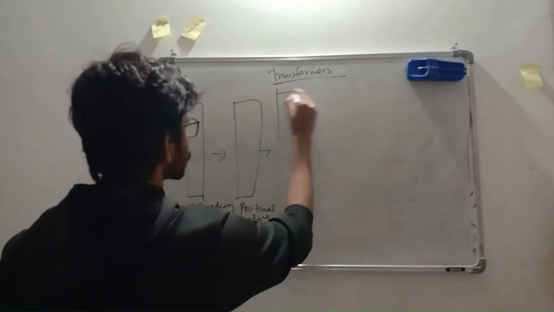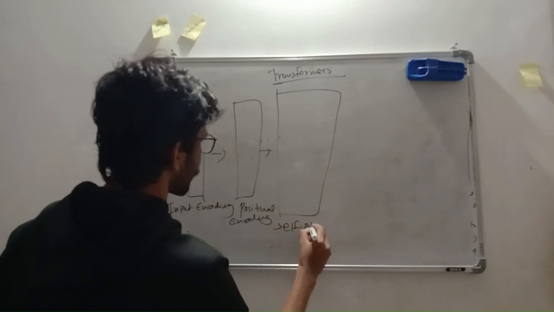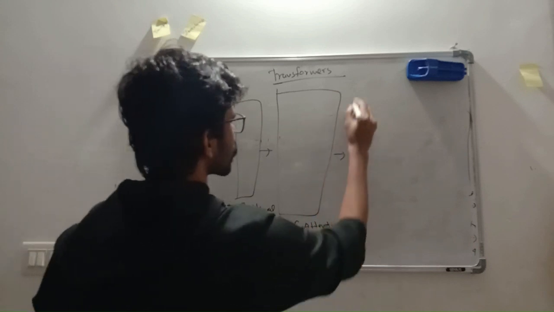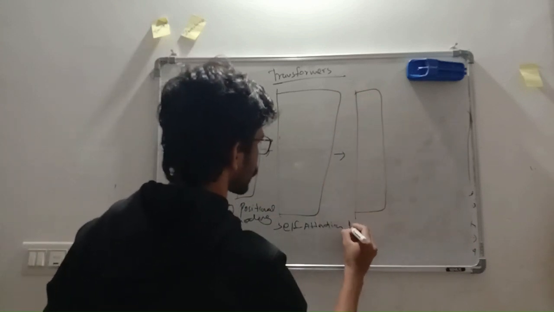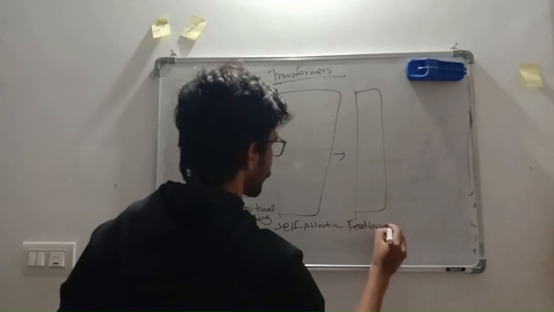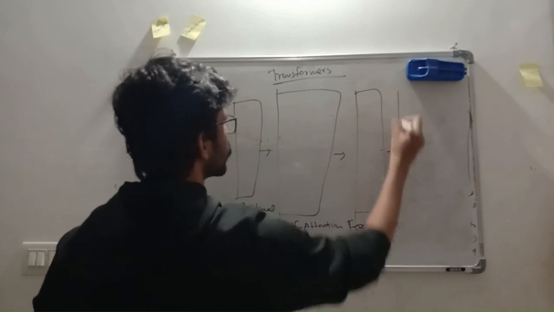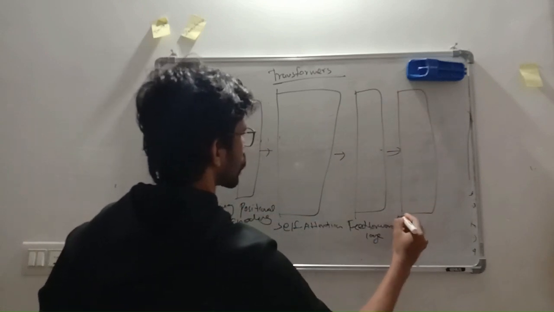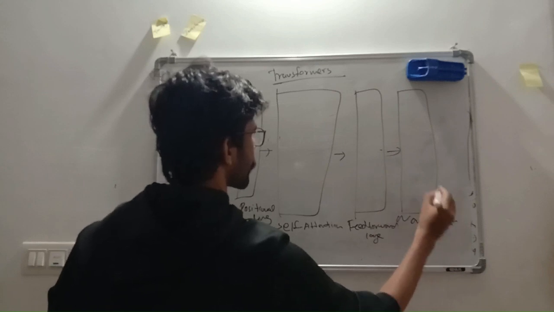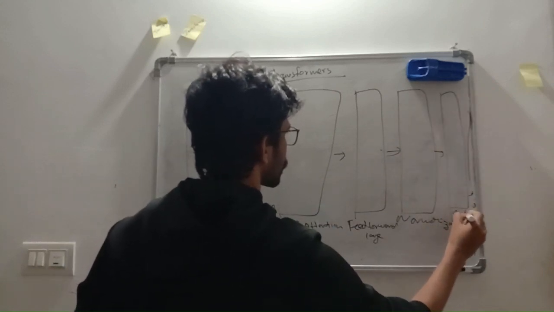Third, the main self-attention layer. Fourth, the feed-forward layer. Then fifth, the normalization layer. And the last, the output layer.